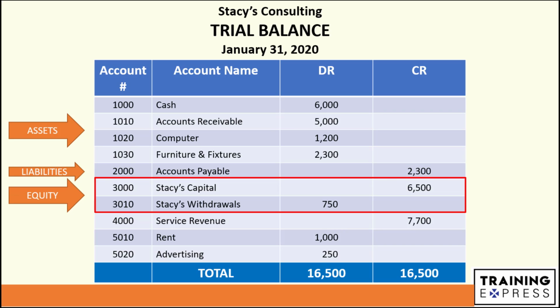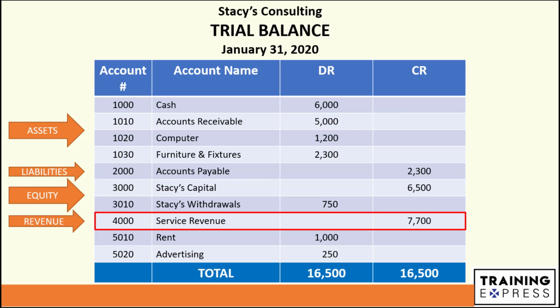Then we move on to the third section, which is the equity section. You can see here we have two accounts, Stacy's capital and Stacy's withdrawals. Capital's normal balance is credit, and we have written it in the credit column. Withdrawals' normal balance is debit, and we have written it in the debit column.